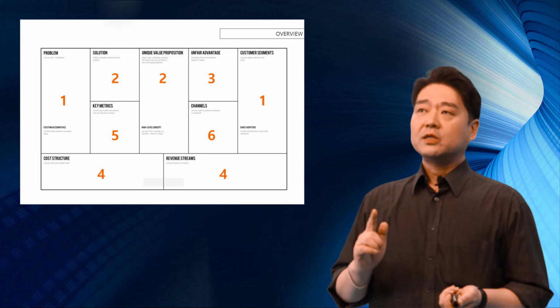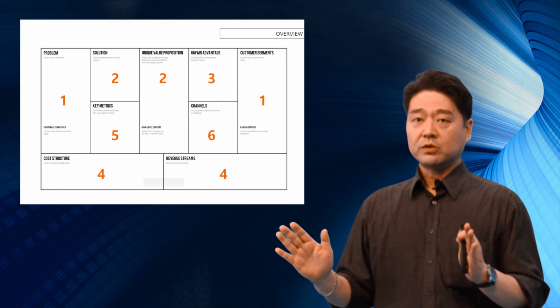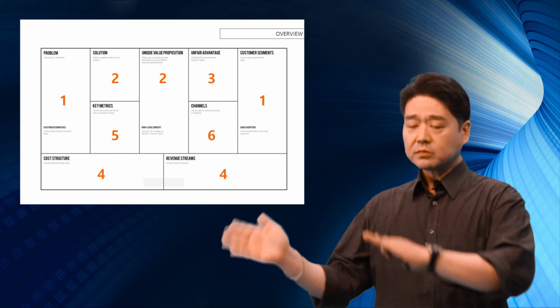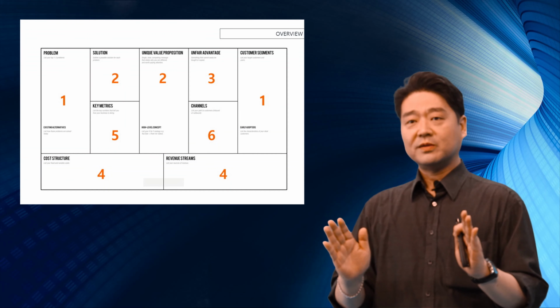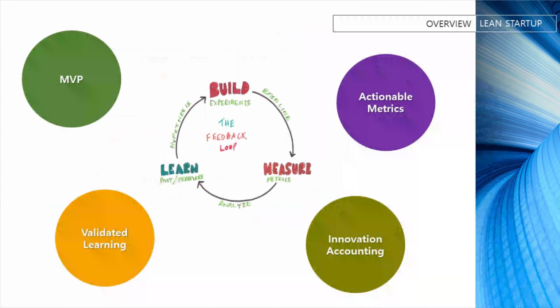Now, at some point, I told you these methods that we use, design thinking, agile, growth hacking, they all have a common denominator. Remember that little circle thing? Build, measure, learn? That's what we do in every other category. Every other methodology does exactly the same thing with different variables.